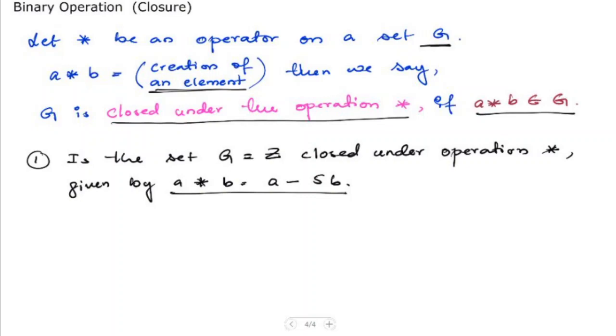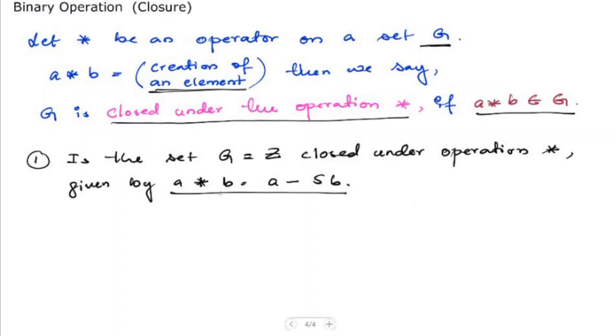So now to prove a satisfying case, if you just look into it, this would generally satisfy this, because if you have two numbers and you subtract one number from the other after multiplying it by 5, the answer would also be an integer, right?